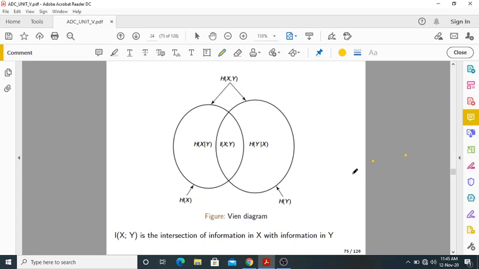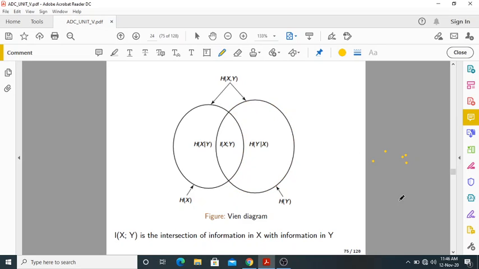Now the circle on the left hand side, this complete circle, is h of x, and the complete circle to the right hand side is h of y. What is only this portion? H of x given y. In the same way, what is this portion? H of y given x.